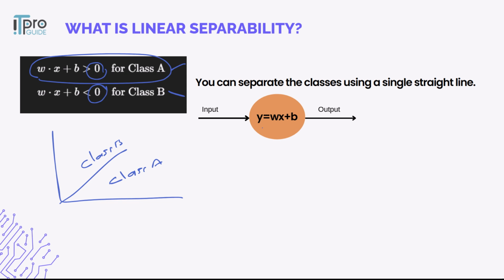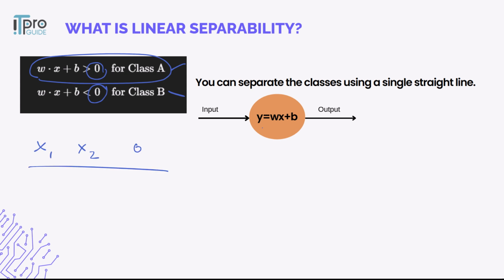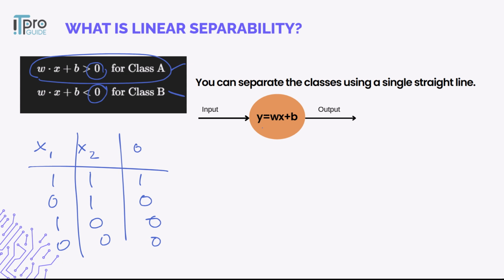We can use the AND gate as a perfect example to show linear separability. So x1 and x2 are the inputs and O is the output. For 1 1, the AND gate gives output 1, 0 1 is 0, 1 0 is 0, 0 0 is 0. Now let's plot this in a graph.